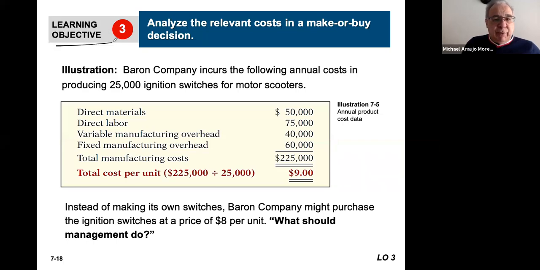So learning objective 3 looks at incremental analysis regarding what we call a make or buy decision. So for a lot of companies, that's really their choice. Do they make it all themselves, or is it better to buy it from a supplier in certain things? Some of these things that we're talking about in manufacturing are quite large, right?